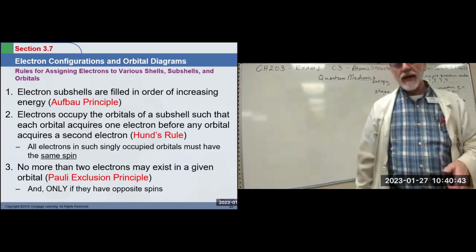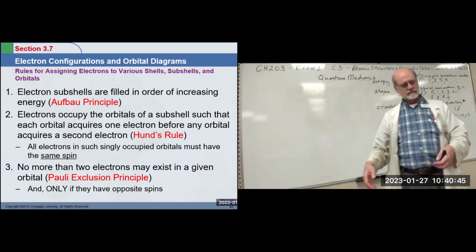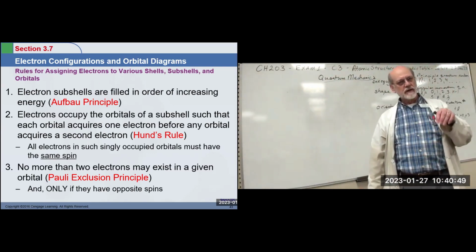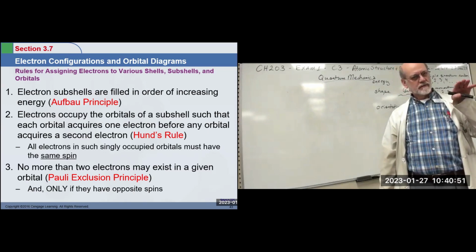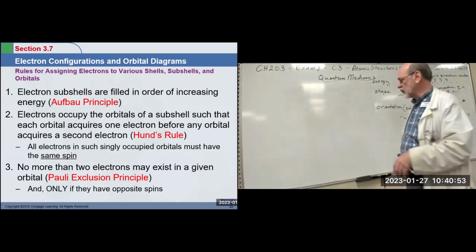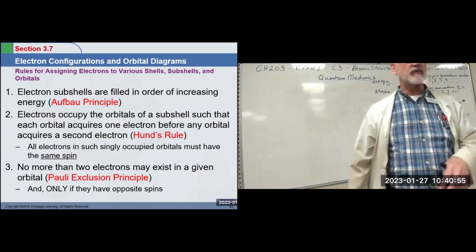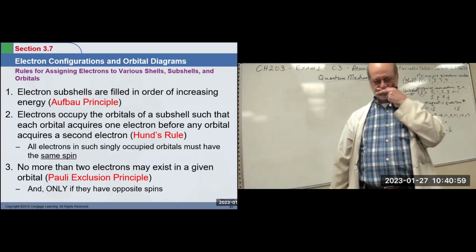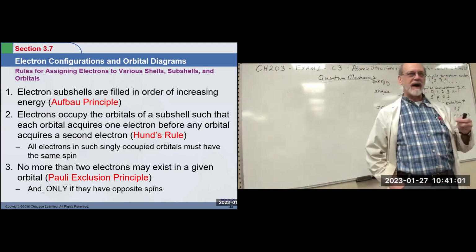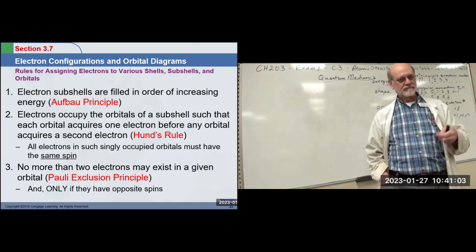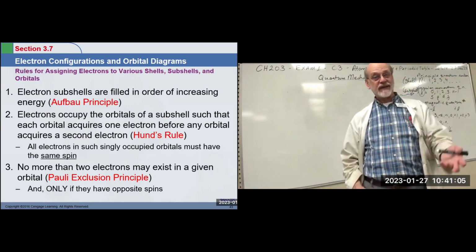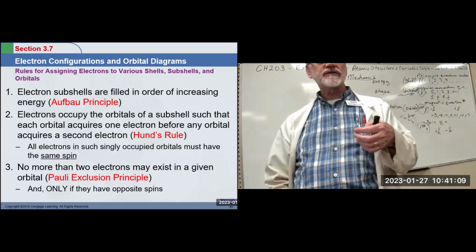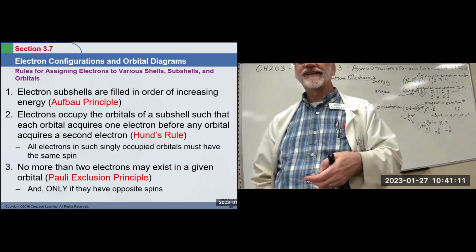All right, so as we're building elements, as we're building the atoms of an element, we have to observe these rules. And these rules were invented not to make life difficult, but to keep us from making mistakes. The Aufbau principle. That's a German word. I don't know what it means. I think of it in terms of the Aufbau principle says, do it this way.